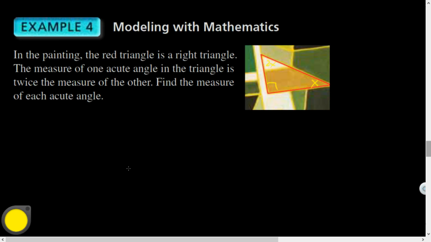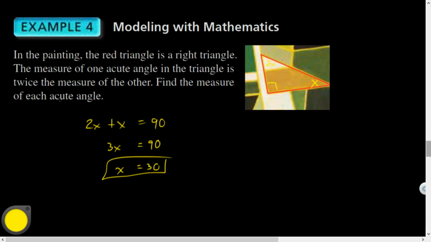What could I do to solve? x plus 2x equals 90, and that's true because of the corollary of the triangle sum theorem. So that's 3x equals 90, and then x equals 30.